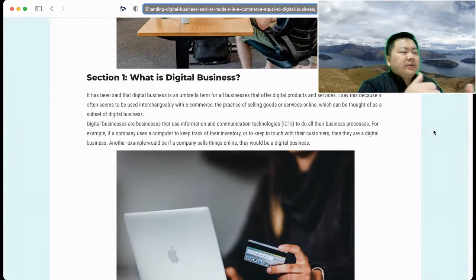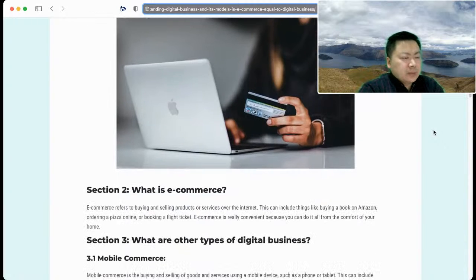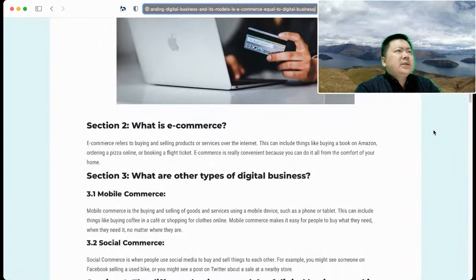So if you are a bank, you use online banking to facilitate transactions, and that is part of the digital business of a traditional bank. And what is e-commerce? E-commerce is about buying and selling based on the connection of the internet. So that's only buying and selling.